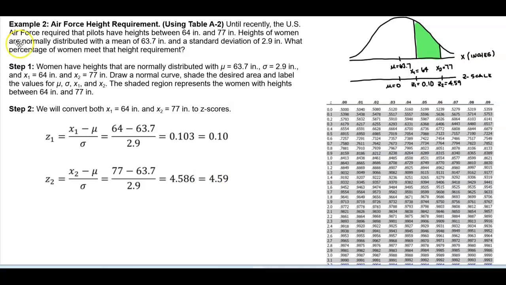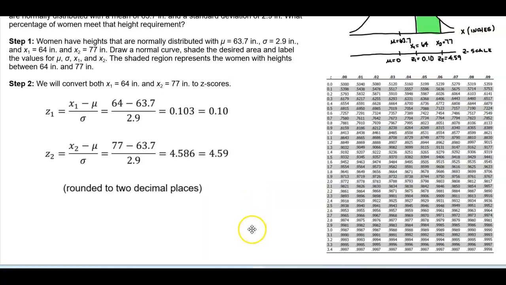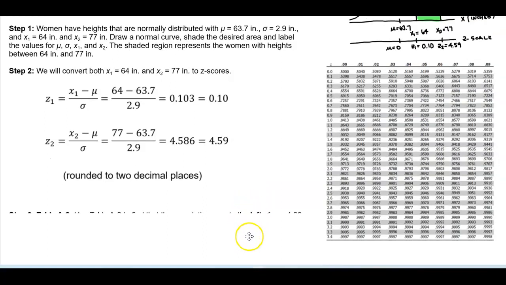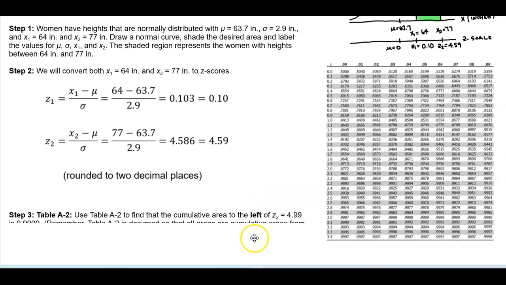Now we want to find the area to the left of z2, which is 4.59, and then subtract the area to the left of z1, which is 0.10. So now we're going to use that table. Let's find the area to the left of 4.59.